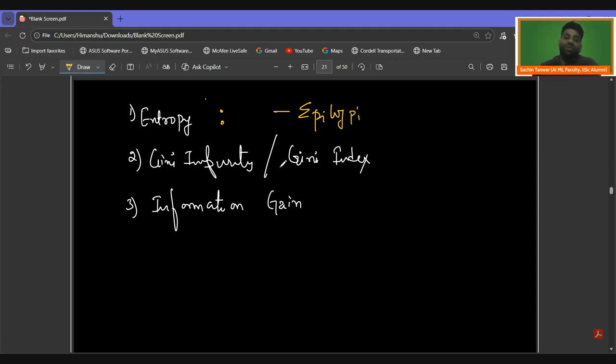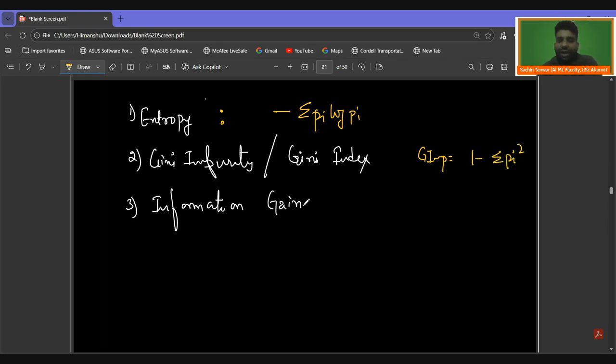Gini index used to be something which I was not really aware of, I'll be very frank. But Gini impurity I was aware of. I'll make it clear what these two things are and how they relate. They are nearly the same thing. The way we calculate the Gini impurity is like this: 1 minus sigma pi square.